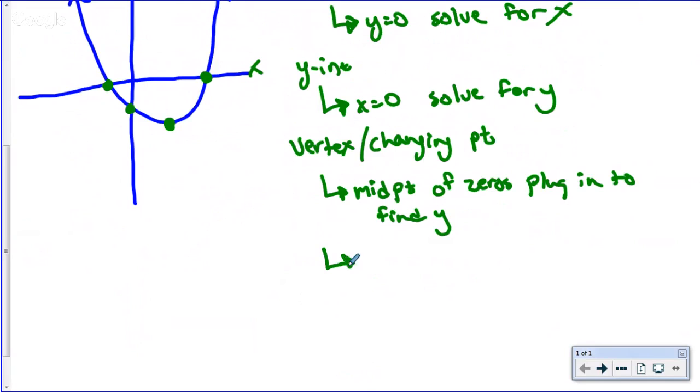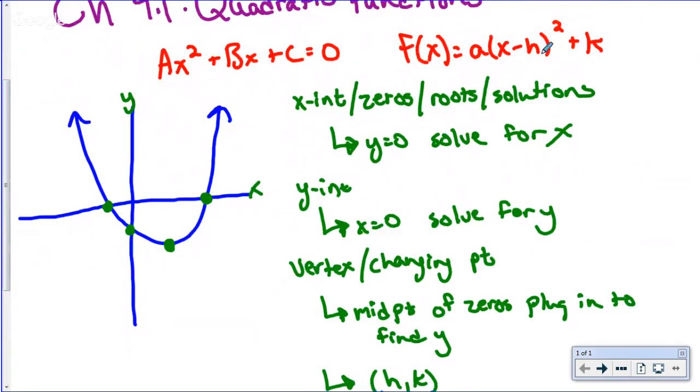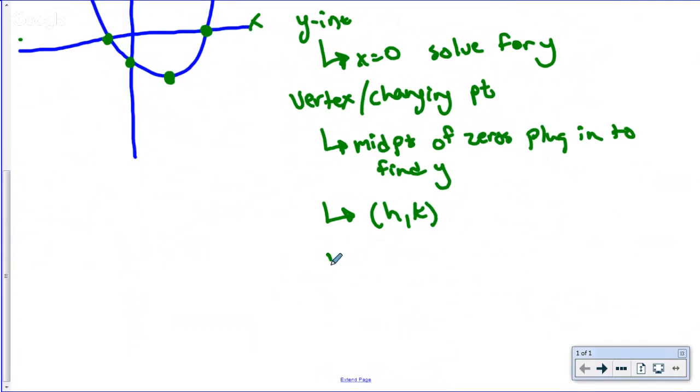The second one is h, k, which comes from this second equation here. If you're given the general equation, you can find the vertex by negative b over 2a, comma, f of negative b over 2a. That's just saying that you find this for x, and then you plug x back in to find your y.